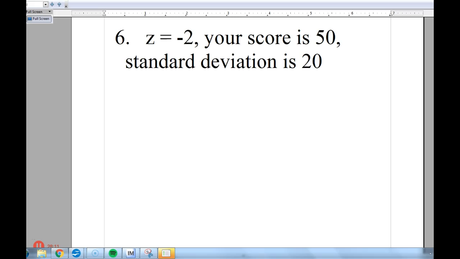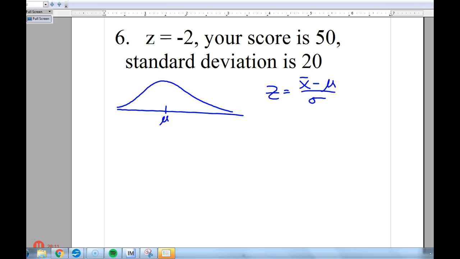Alright, so just to make sure we can handle it when z is negative. I know z is -2. My score was 50. Should the mean be higher or lower than my score?